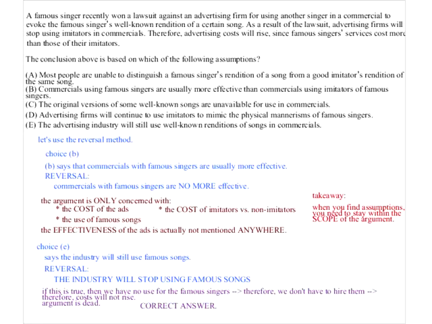It's, let me give you something and you tell me how it will affect the argument. That is now a very conscious thought process. What happens if the industry stops using famous singers? What happens if the commercials don't have any more effectiveness? Now you're no longer identifying unconscious assumptions. You're just saying what will happen if this is true, which is a much more normal human thought process. So that's why the reversal method is such a powerful thing. So, there.